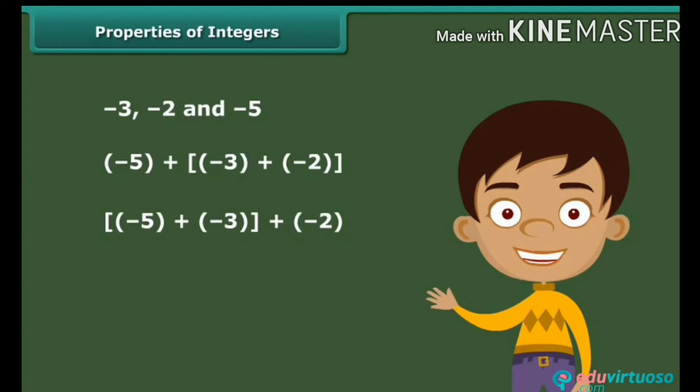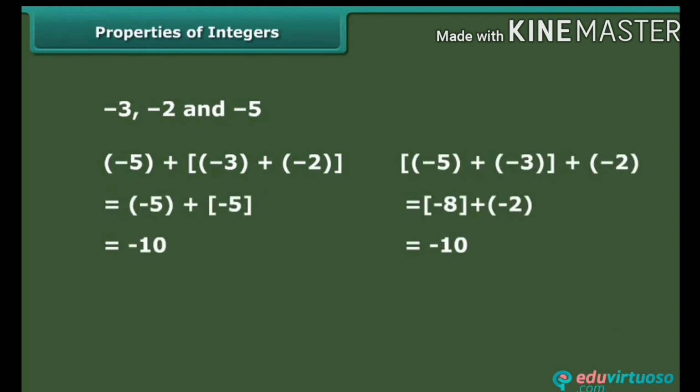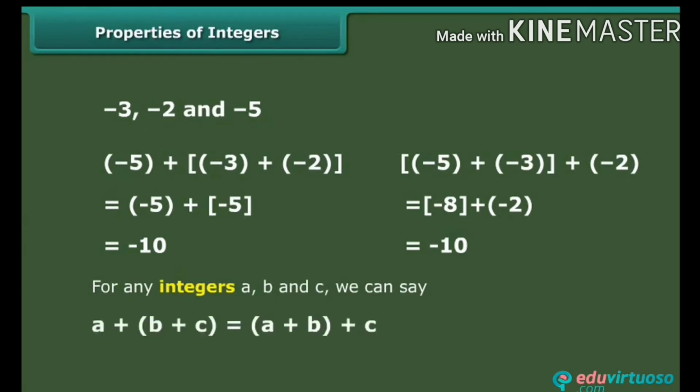In the first sum, -3 and -2 are grouped together, and in the second, -5 and -3 are grouped together. In both these cases, we get the answer as -10. This shows that addition is associative for integers. In general, for any integers a, b and c, we can say a + (b + c) = (a + b) + c.